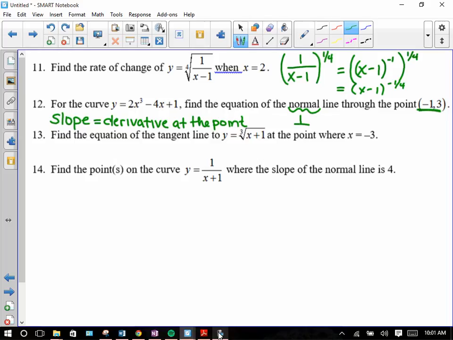If the slope of the tangent line is 2/3, what would be the slope of the normal? Yeah, the negative reciprocal. So the perpendicular slope equals negative 1 over the tangent slope, and I'll put n because n is the slope of the normal. Alright?